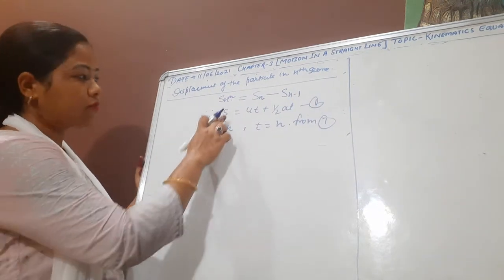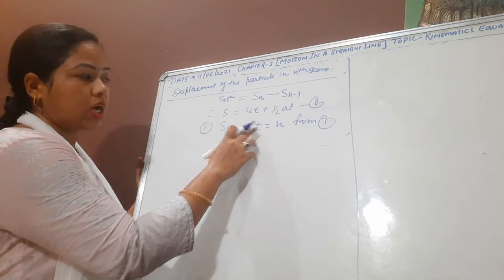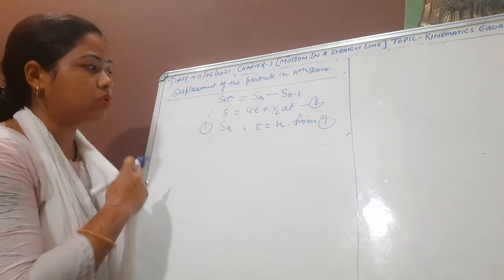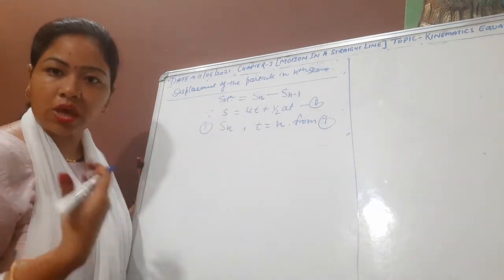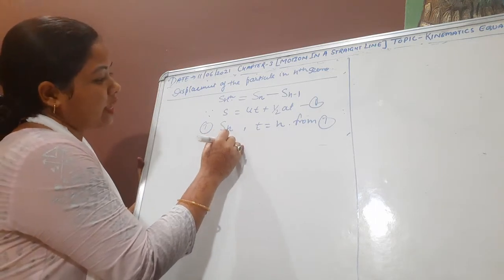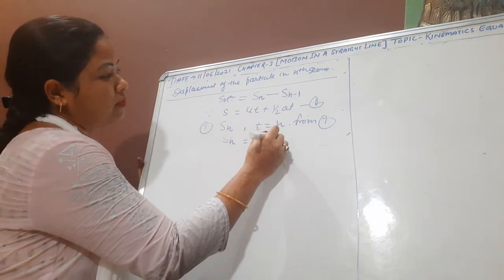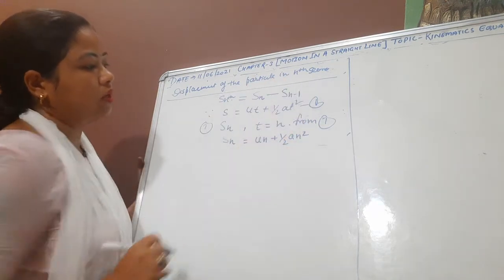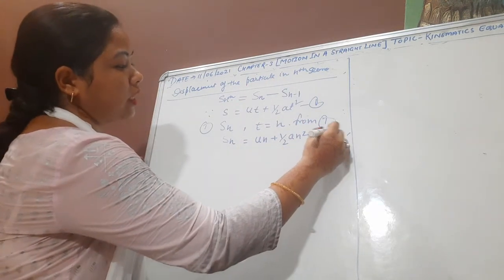In the second equation of motion, where the value of time is t, we will replace it with n, because the time here is n seconds, right? So Sn will be equal to un plus half an square, right? So this is our equation number A.